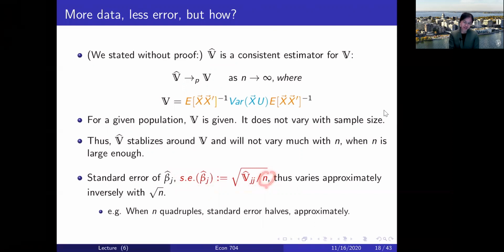So the standard error of the estimator varies approximately inversely with the square root of the sample size. For example, if you want the standard error to be reduced by half, then you want square root n to double. Or in other words, you want n to quadruple.